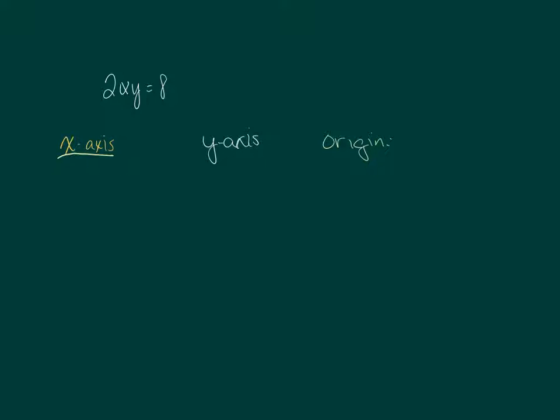So for the x-axis, we plug in a negative y value. It's always the opposite of what you see, so it'll be 2x times negative y equals 8, and a negative y times this will just be negative 2xy equals 8. This does not match this, so it's not symmetric to the x-axis.